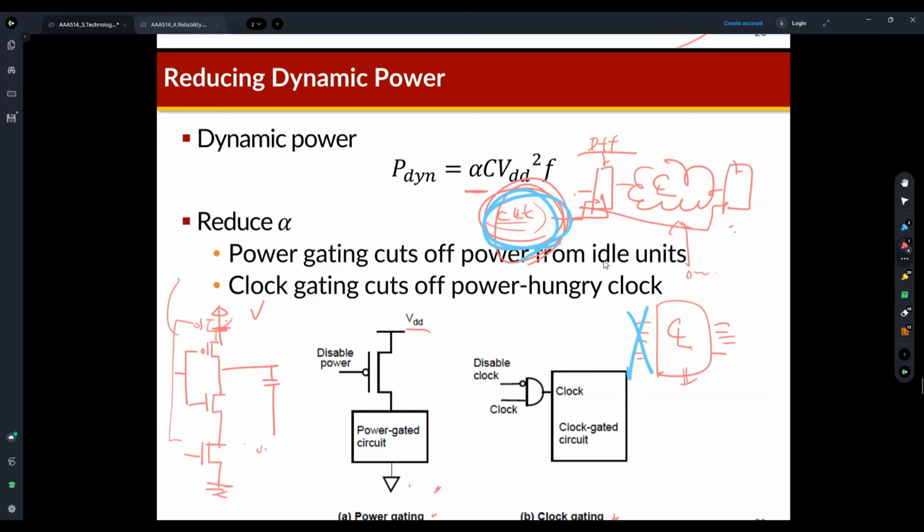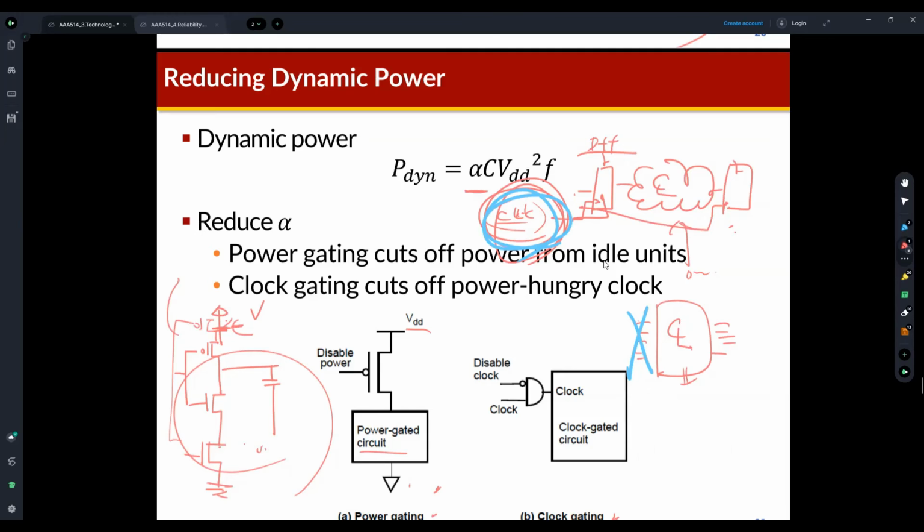So this path from VDD or path to the ground can be turned on or turned off by control signals. And if we control this connection to the power source or to the ground, then we can entirely turn on or turn off this circuit. This technique is called power gating. The power source is gated, controlled by some control signals.